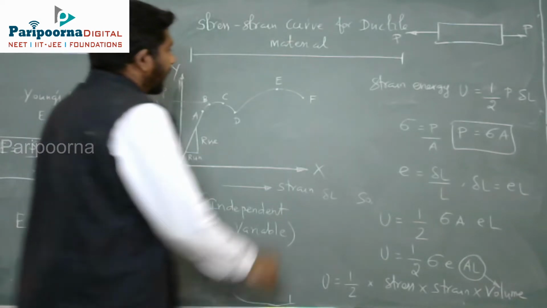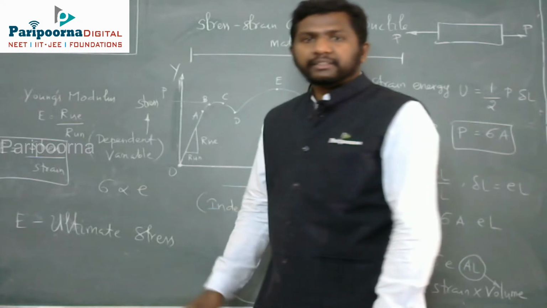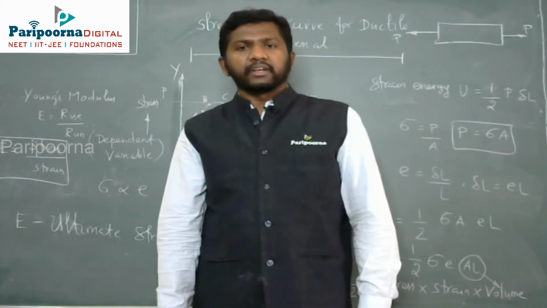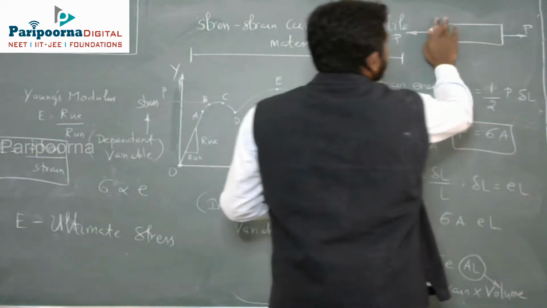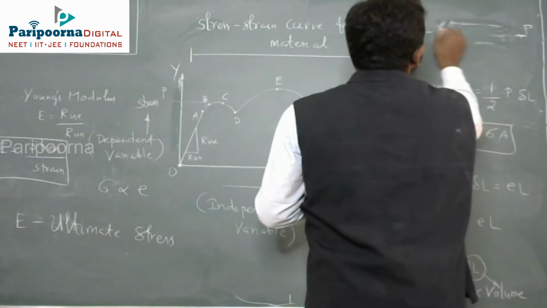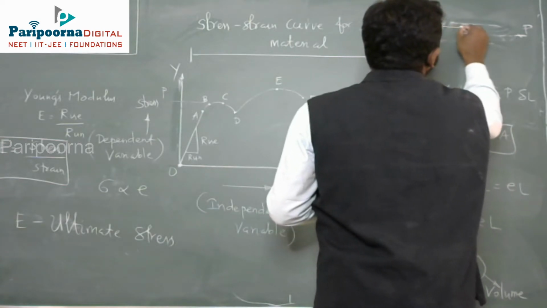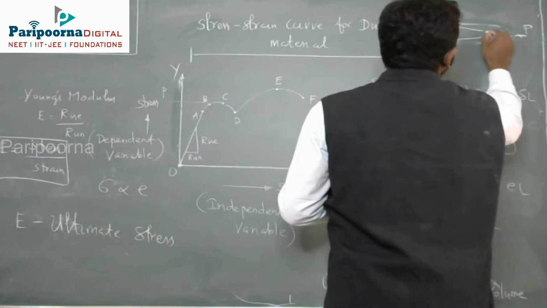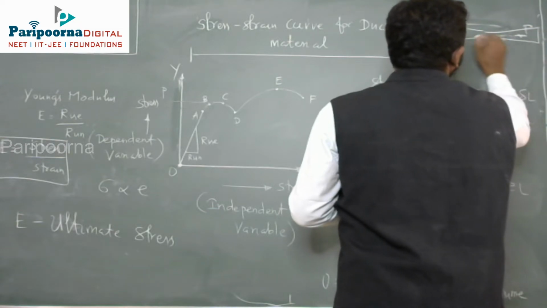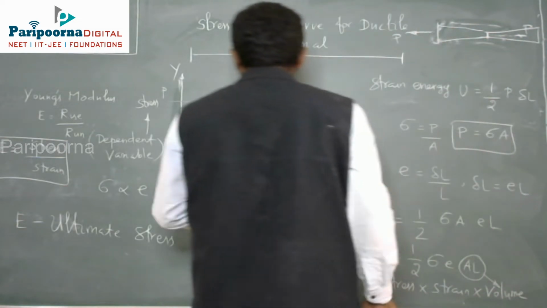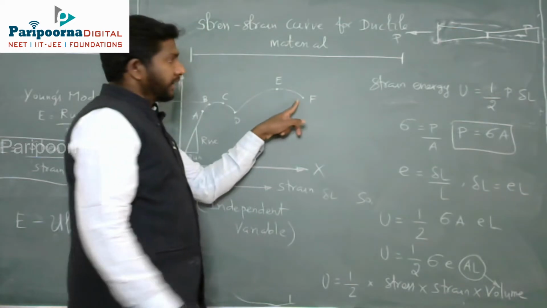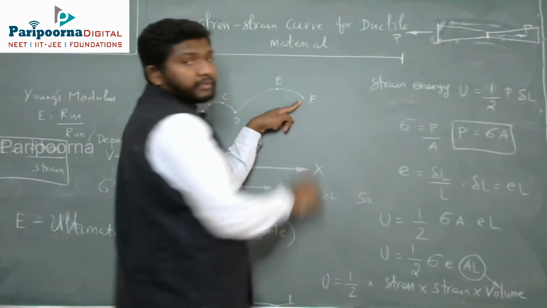Ultimate stress. And at this point, the neck is formed. Neck is formed means the material, for this loading condition, like this, the neck will be formed after point E and it fails at this one.